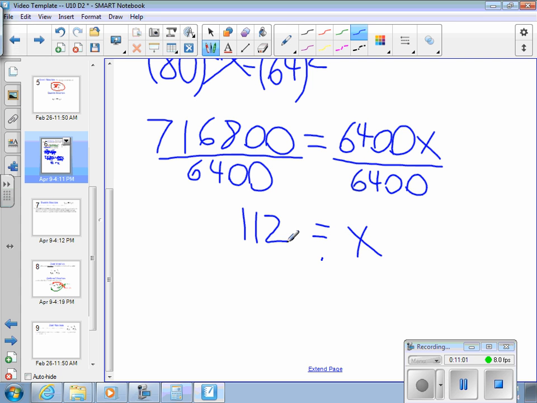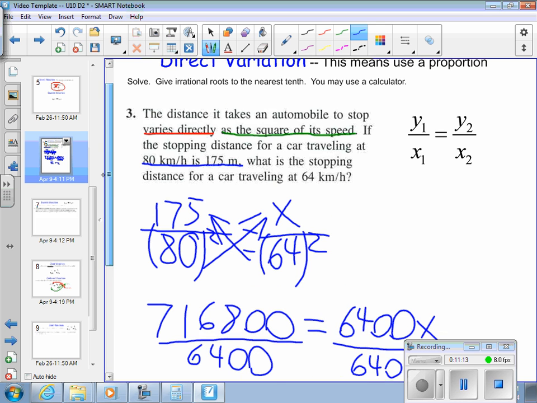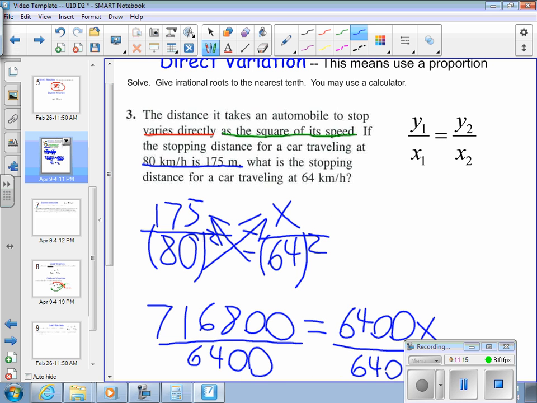And in this case, we don't have to worry about any rounding. And so what is this? Well, let's look at our problem here. They want to know what the stopping distance is. We're measuring distance in meters.